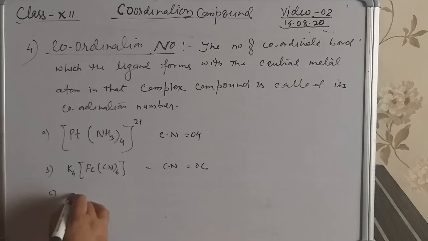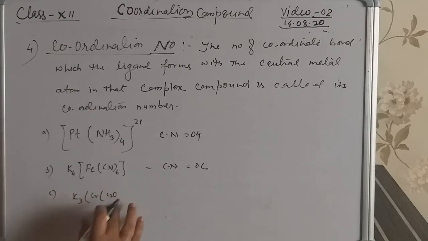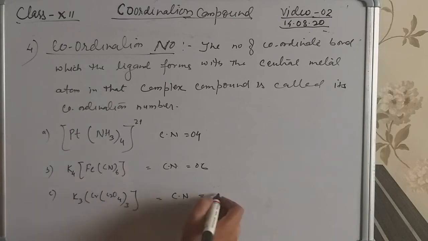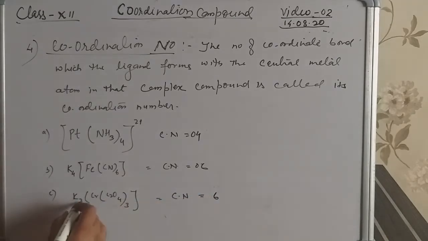Suppose we have K3 chromium C2O4 3. So what will be the coordination number? Coordination number is 6. 3 from here, 3 from here, because oxalate has 2 donor sites, so the total number of coordinate bonds will be 6.